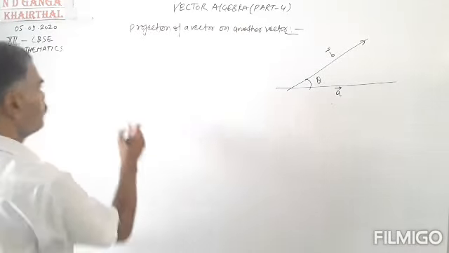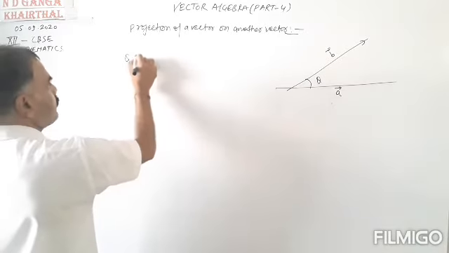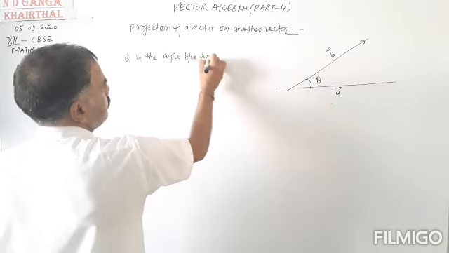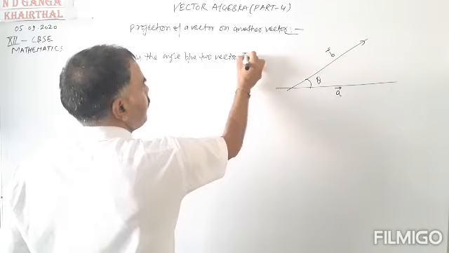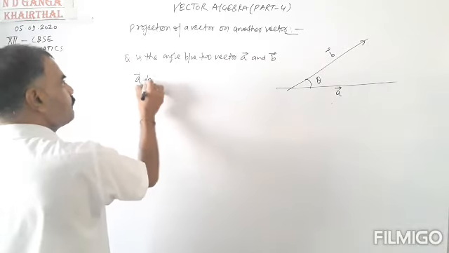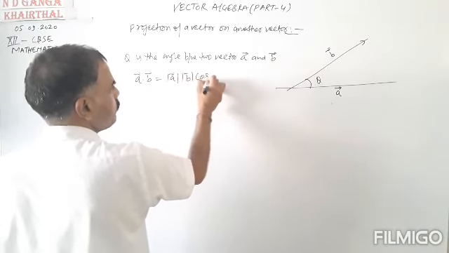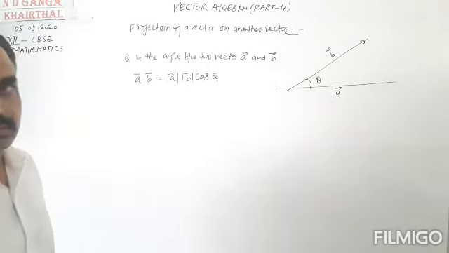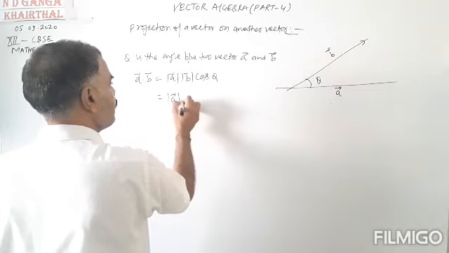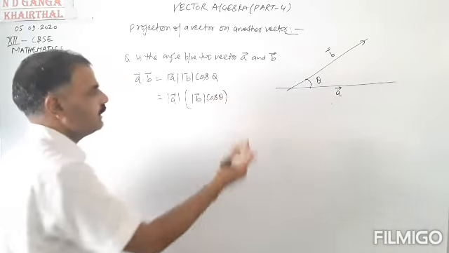We know that theta is the angle between two vectors, that is a vector and b vector. That is why a vector dot b vector can be written as magnitude of a vector, magnitude of b vector, cos of theta. Now this can be written as magnitude of a vector and multiplication of magnitude of b vector cos of theta. All these are real numbers.